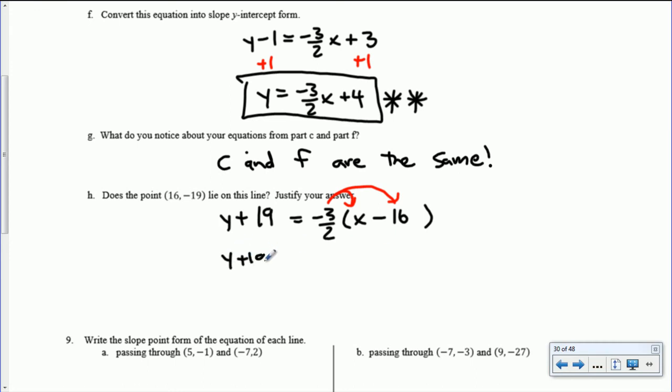Y plus 19 equals negative 3/2 x. So that part looks good. Negative 3/2 times negative 16 is positive 24. So negative 3/2 times negative 16 over 1. And you can do that in your calculator, right? So you get 24, positive 24.